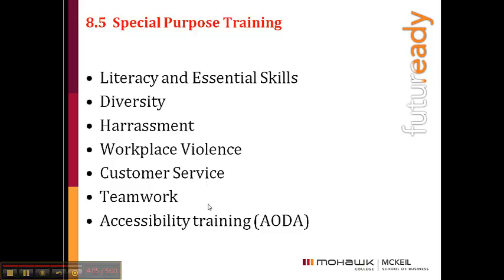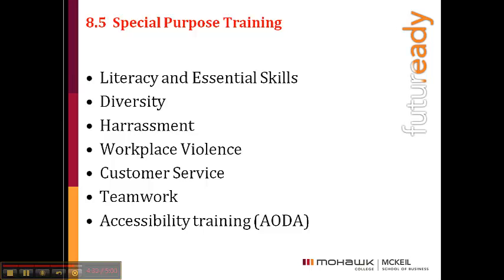Okay. Now, we also have some special purpose training. There might be communication training and some essential skills, like maybe carpentry skills or whatever might be very job specific. We might want to train people on diversity, making sure that they are welcoming to new people in the workplace, and teach them about employment equity. We talked before about harassment and workplace violence training under the Health and Safety Act and the Human Rights Code.